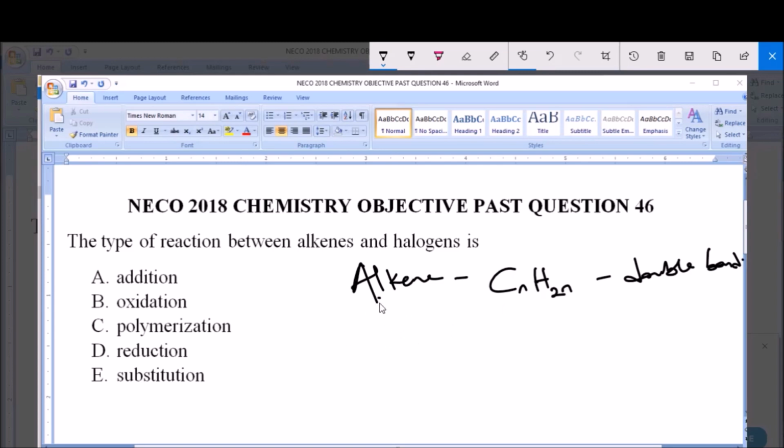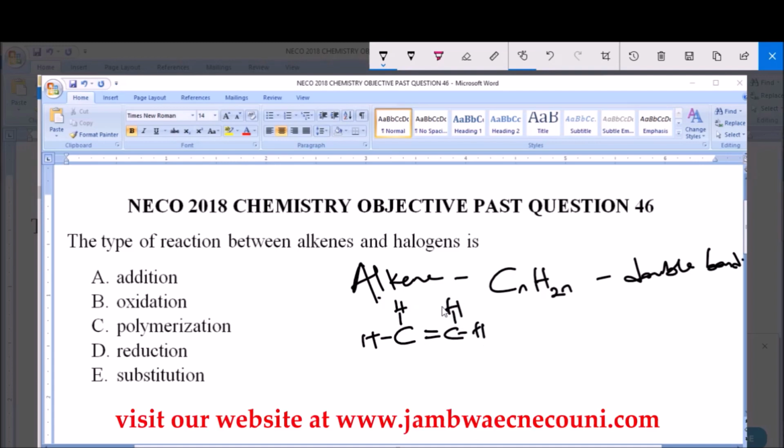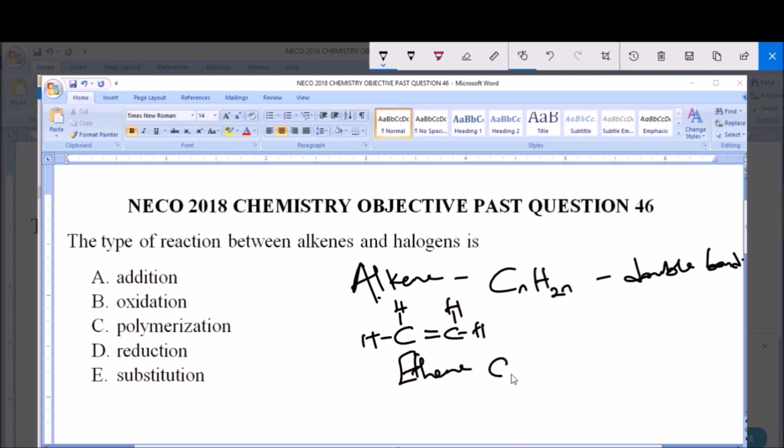A typical example of an alkene, or the first member of this family, is ethene. Because of the presence of this double bond, each carbon atom can only be attached to 2 hydrogen atoms. So this is ethene, and ethene has the formula C2H4. Now, alkenes can only undergo addition reaction.